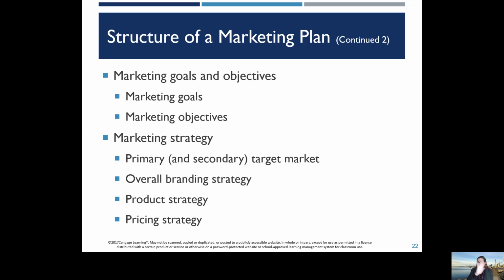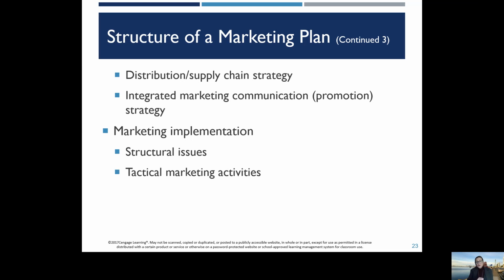So it's an overarching intention, and the marketing strategy may well include a branding strategy, a product strategy, pricing strategy, distribution strategy, marketing communication strategy, including promotion, including social media.